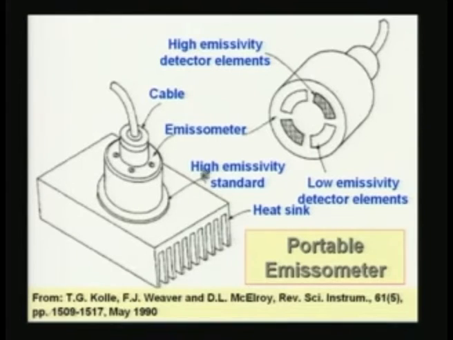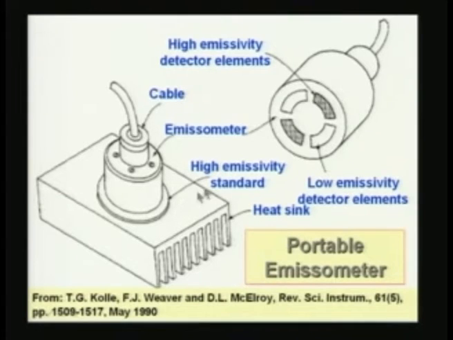Suppose I keep the emissometer like it is shown here. I have a standard material here whose emissivity is known, and I have kept the head of the emissometer inverted down on that.